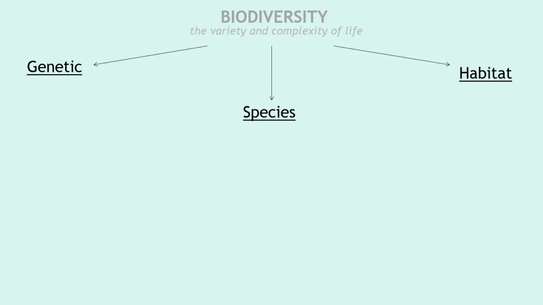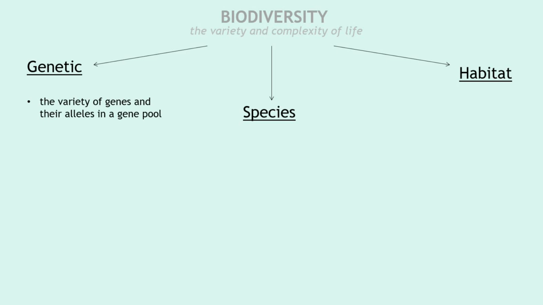So when we're thinking about genetic biodiversity, we're referring to the variety of genes and their alleles in a gene pool. A gene pool is the collection of all the genes and their alleles in a population.